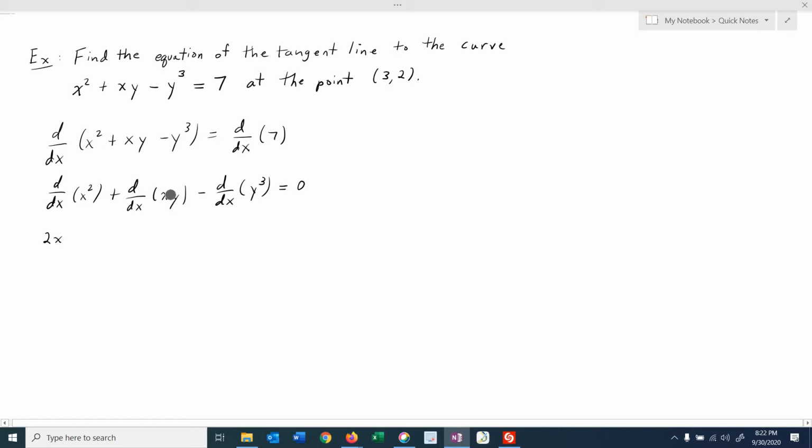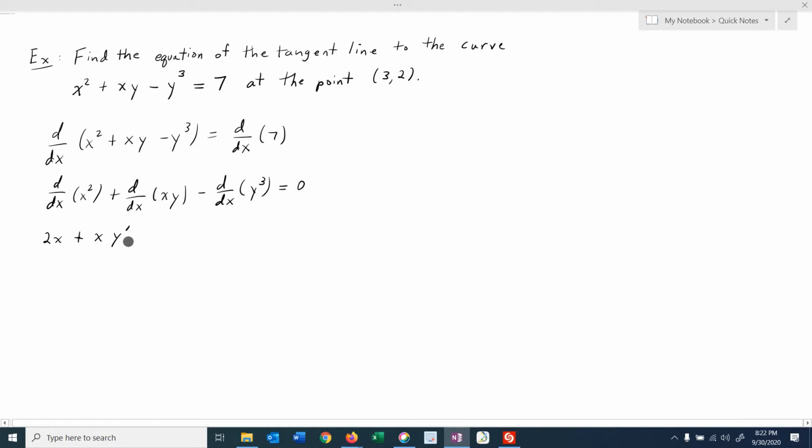For this derivative, we're going to have to use the product rule because we have the product of two functions. Going through the product rule, we take the first function, which is x, and multiply it by the derivative of the second function. The second function is y, and we're taking the derivative of it with respect to x, so we just get dy/dx. I'm going to write that as y prime.